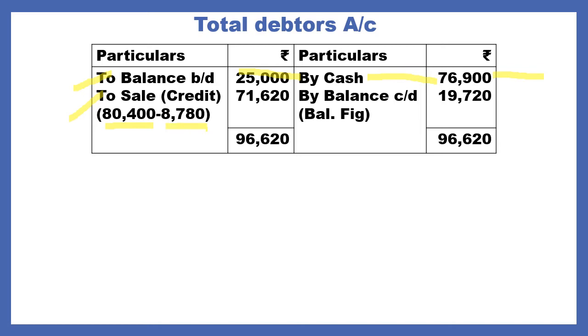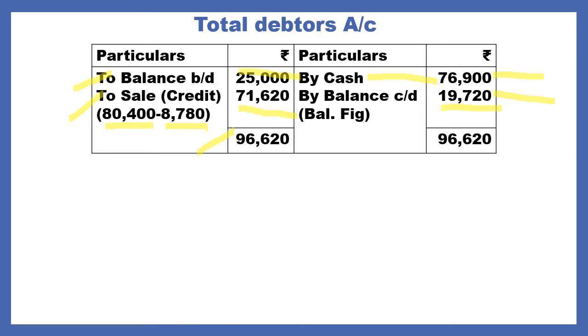So total sales minus cash sales, we will get the credit sales 71,620. As the closing balance of debtors was a question mark, we have to identify it, it will be the balancing figure. So total comes to 96,620 and the balancing figure 19,720, that is the closing balance of debtors.